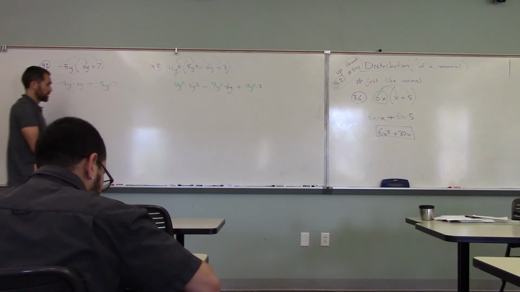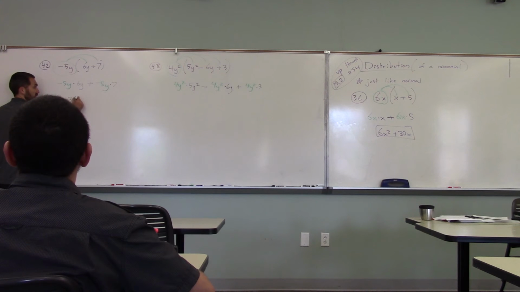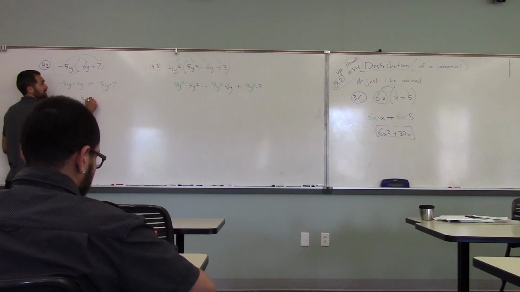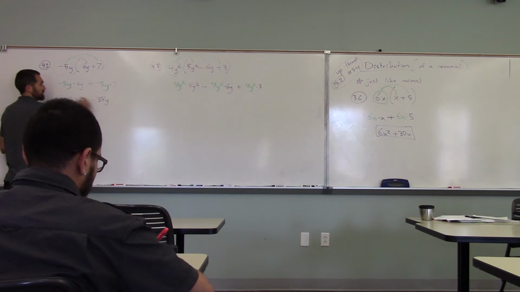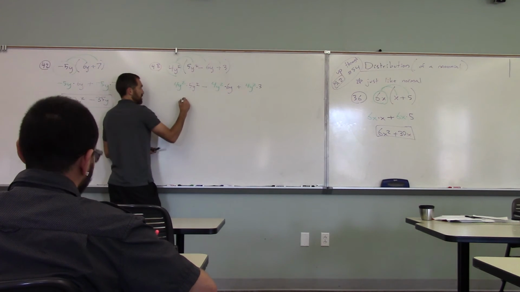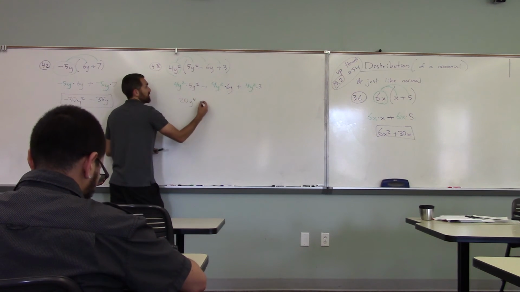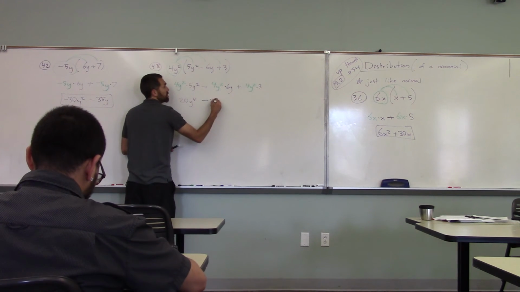So what do we get in the first one? Yeah, I like it. Negative 35y. Perfect. That's it. And then the second one? 20y to the third. Oh, fourth, yeah. My bad. No worries. Minus 24y to the third.